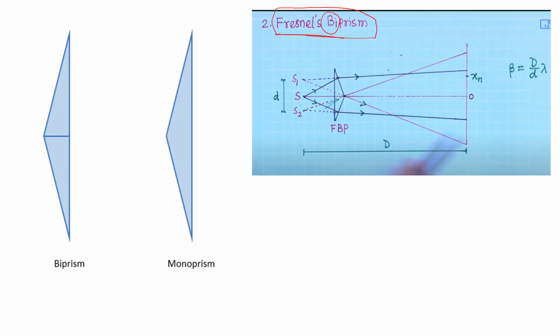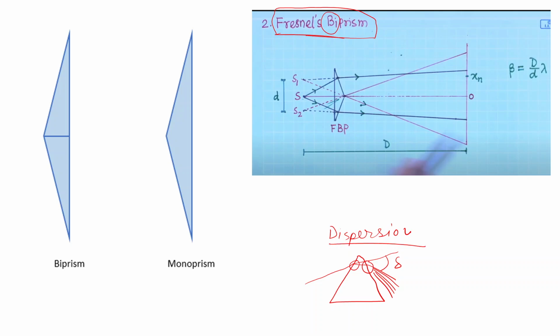When we were talking about scattering or dispersion phenomena, we were talking about a prism made up of some sort of glass material, and when white light passes through it, it undergoes refraction first at this interface, then at this interface, and it deviates from its original path and scatters into different components and we get dispersion.